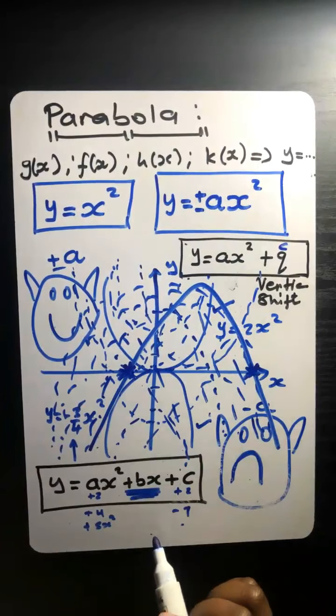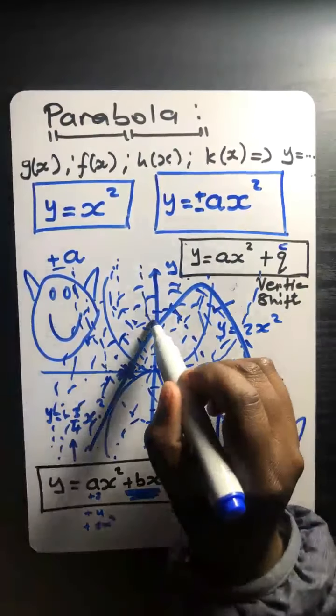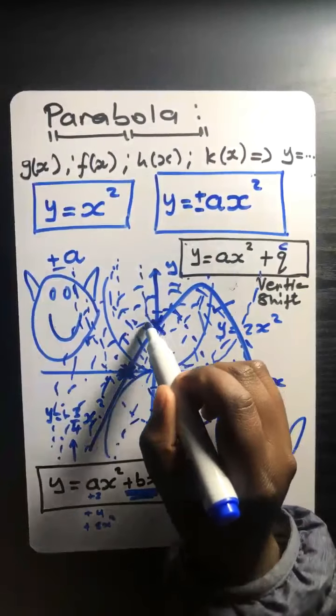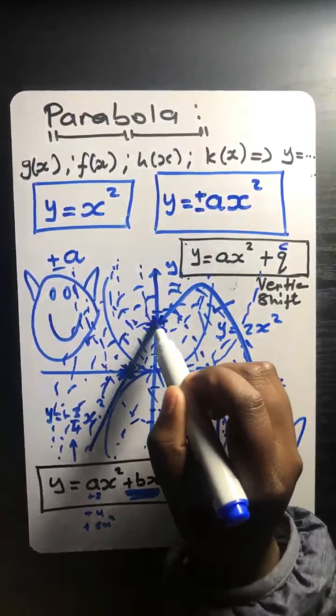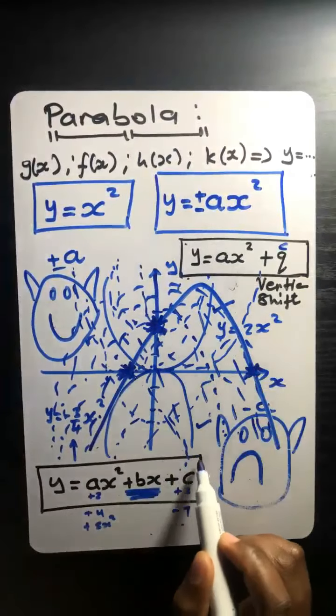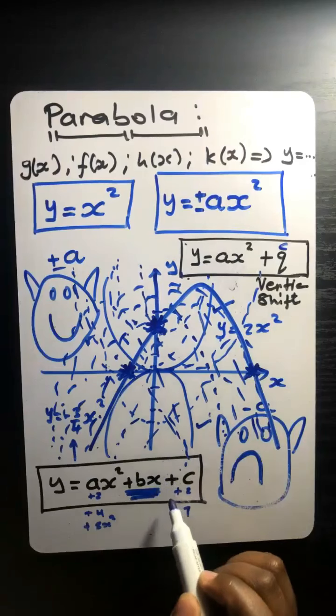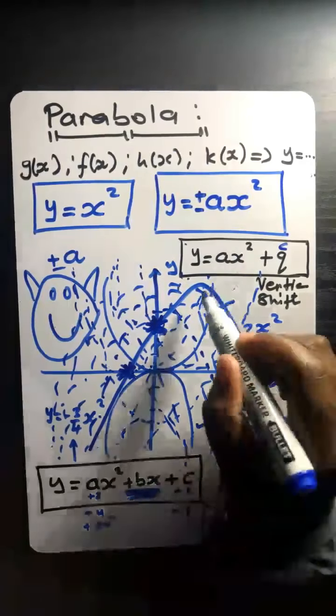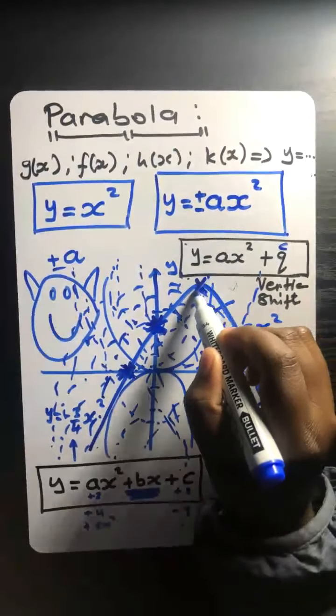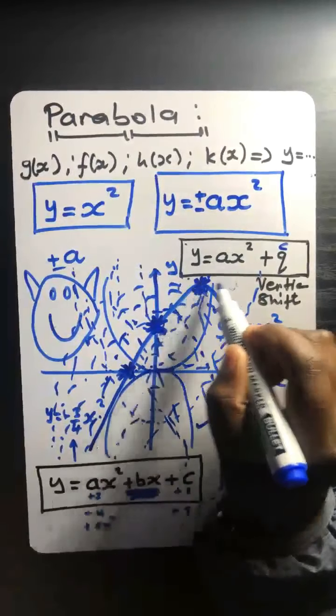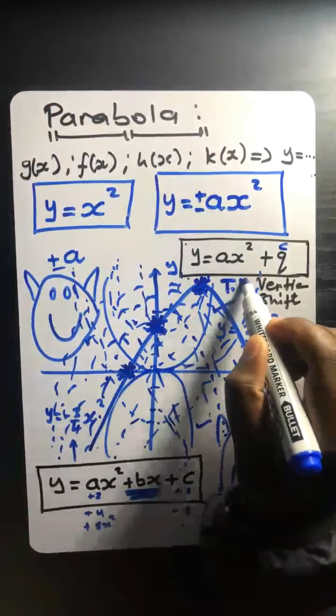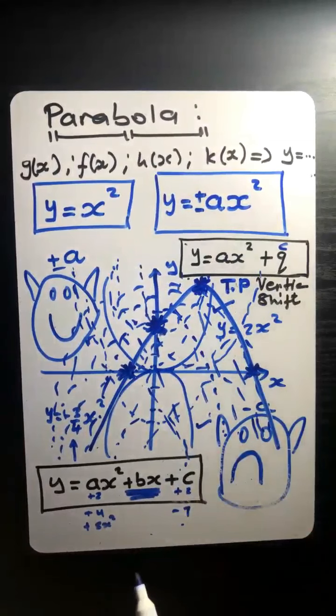And again, it has the vertical shift. So that point is what we call the vertical shift, influenced by that. Good people, it also has a turning point. A turning point, in short, is referred to as TP.